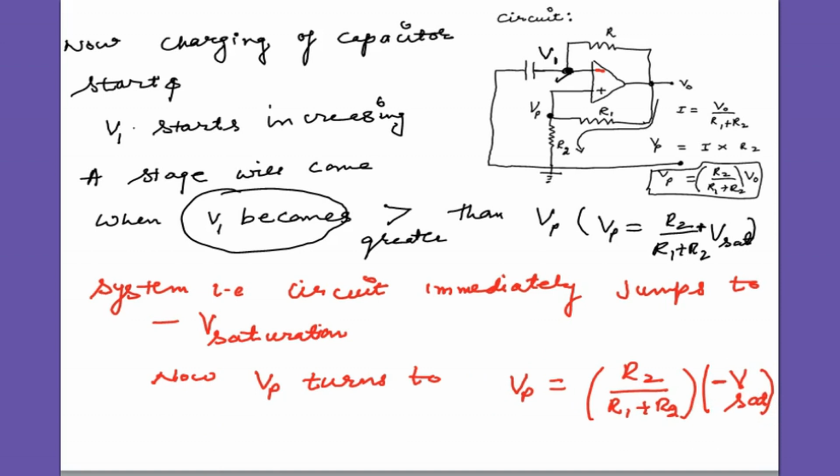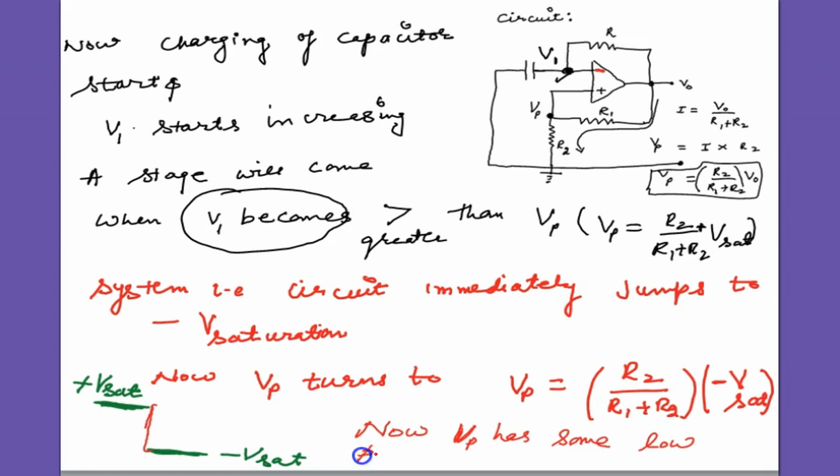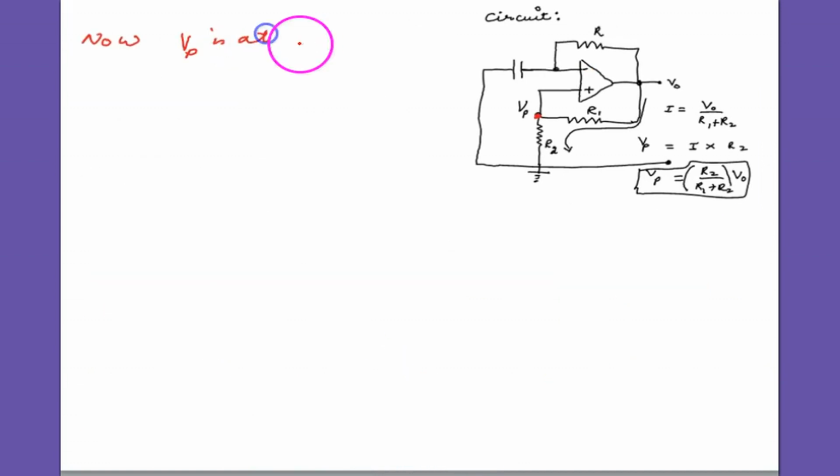Now the capacitor is already charged, but when the output is at negative V saturation, the capacitor starts discharging.